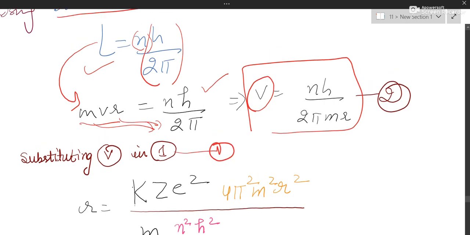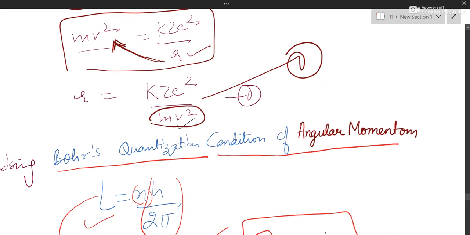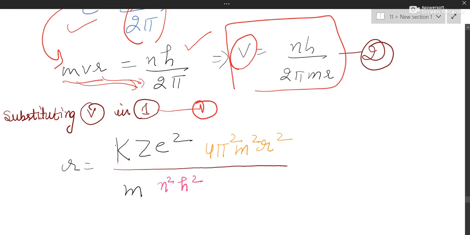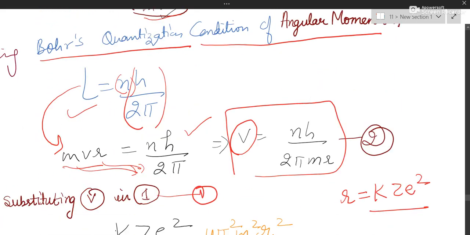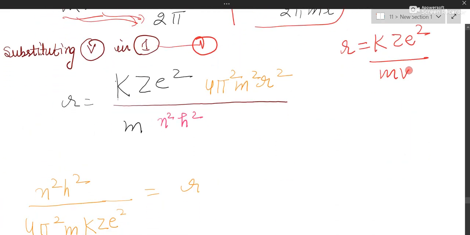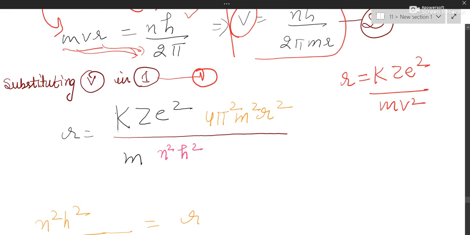If you remember what equation number 1 is, it's K Ze square by mv square is equal to r. So let us rewrite that equation: K Ze square divided by mv square. Here we are substituting the value of v.